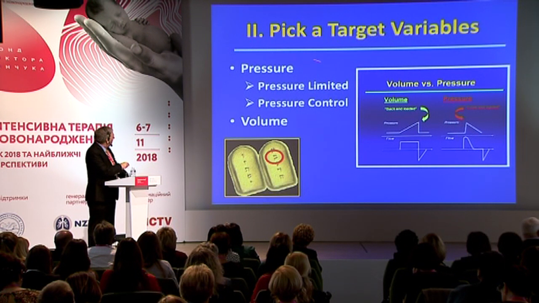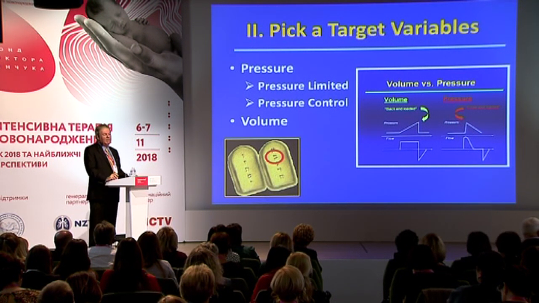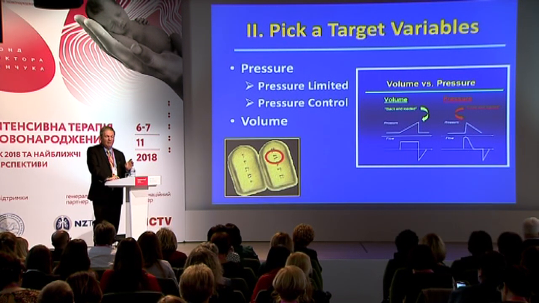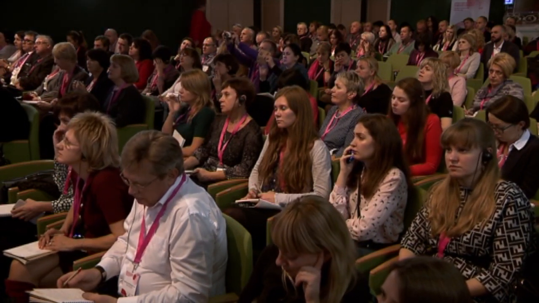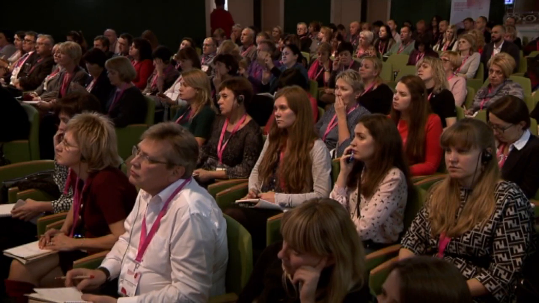The main problem with pressure targeting is that the delivered tidal volume will then be dependent upon the baby's compliance. And if there is a significant change in compliance, there may be a significant change in volume delivery unless you're at the bedside and can adjust very promptly. We'll talk more about that in the next hour.